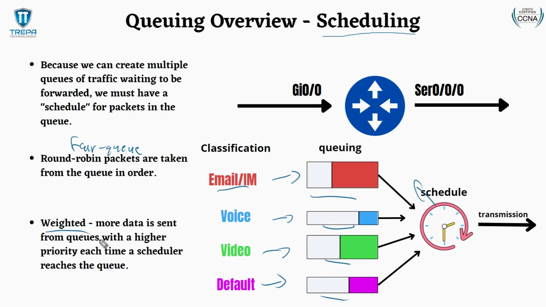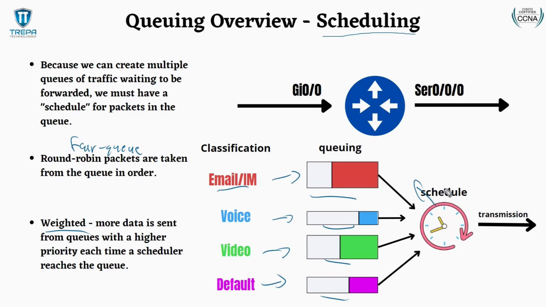But with weighted, the scheduler can be a little bit smarter with the priorities. This could be how we classified it. If we gave some traffic a higher DSCP value or that EF value, the scheduler can see that it's weighted, saying, okay, for this traffic we're going to send more data from this queue than we would for other traffic.